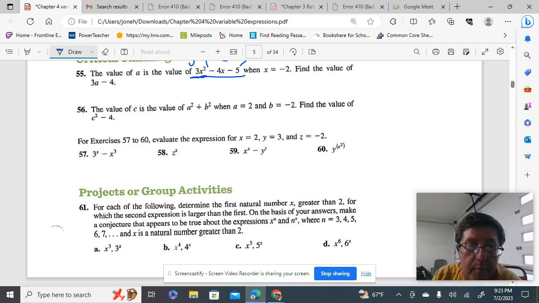So it's 3 to the power of 2, 3 caret button 2, minus x to the third, 2 caret button 3, equals. Then you're just adding the 3 squared, which would be 9, minus 8, which would be 1, because 2 to the third power is 8.